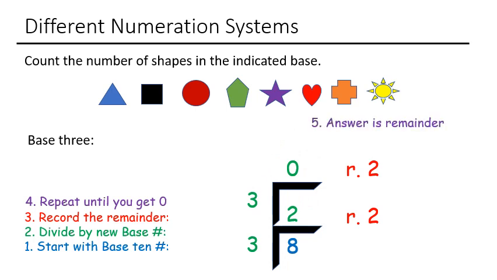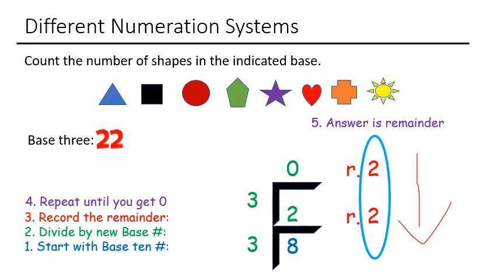Well, your answer is actually this remainder. And it is written going down, okay? So going down is how it's going to be written. So base 3, 8 in base 3 is actually 22.